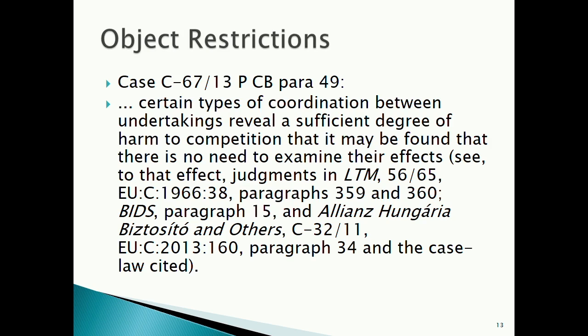Well, an object restriction recognizes that there are certain forms of agreements or conduct that are so harmful to competition, and have no redeeming values, a sufficient degree of harm that there's no need to examine their effects.